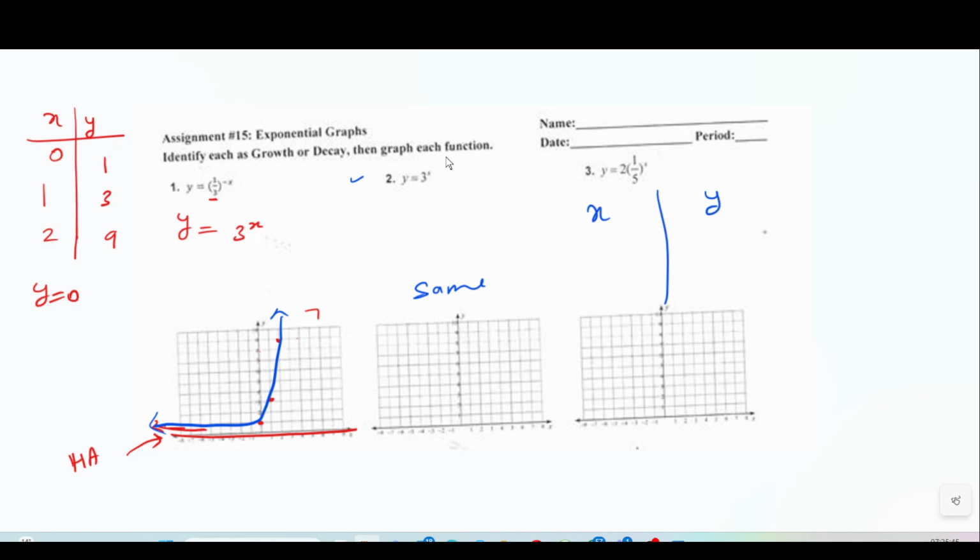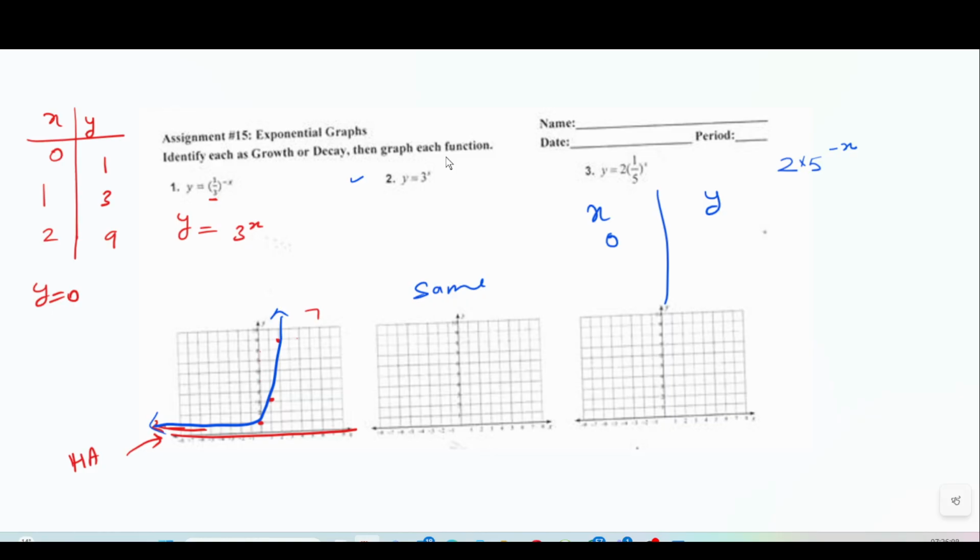So this is 2 times 5 to the power negative x, right? If x is 0... Oh, so it'd be growth, not decay. No, let me see.